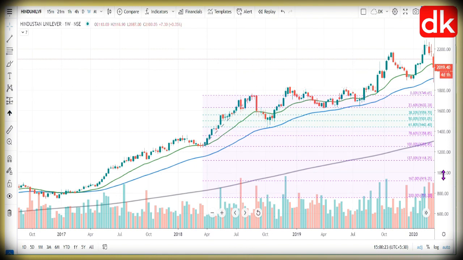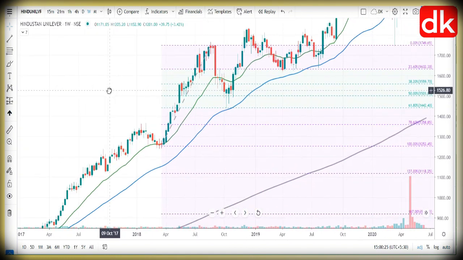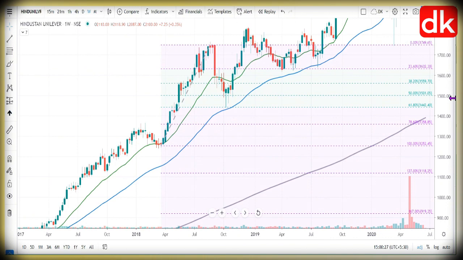And the moment we draw this, all the retracement levels are shown on the price chart: 23.6%, 38.2%, 50%, 61.8%, 78.6%.